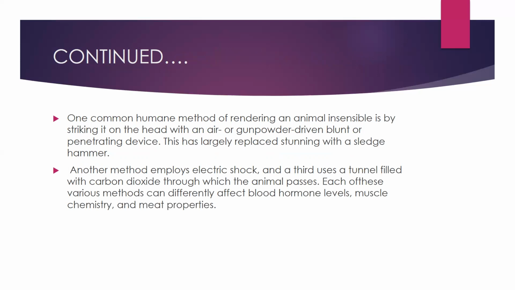Another method employs electric shock, and another uses a tunnel filled with carbon dioxide through which the animal passes. Each of these methods varies, and they have different effects on the hormones, the muscle chemistry, and the meat properties.